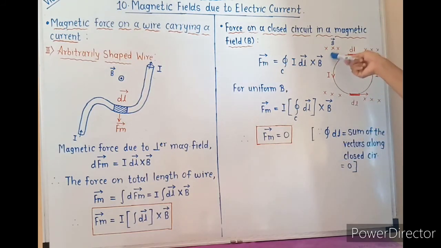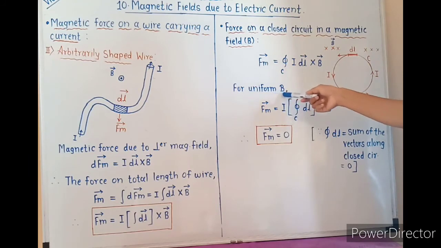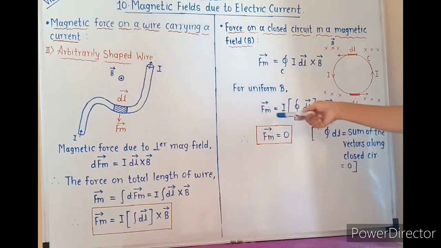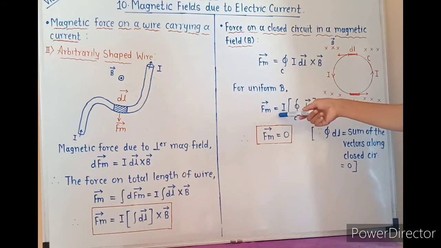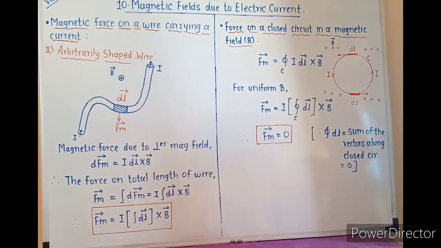But this magnetic field B bar is uniform. So for a uniform magnetic field B, Fm bar, that is the magnetic force, is equal to I into integration over closed path of dl bar cross B bar.